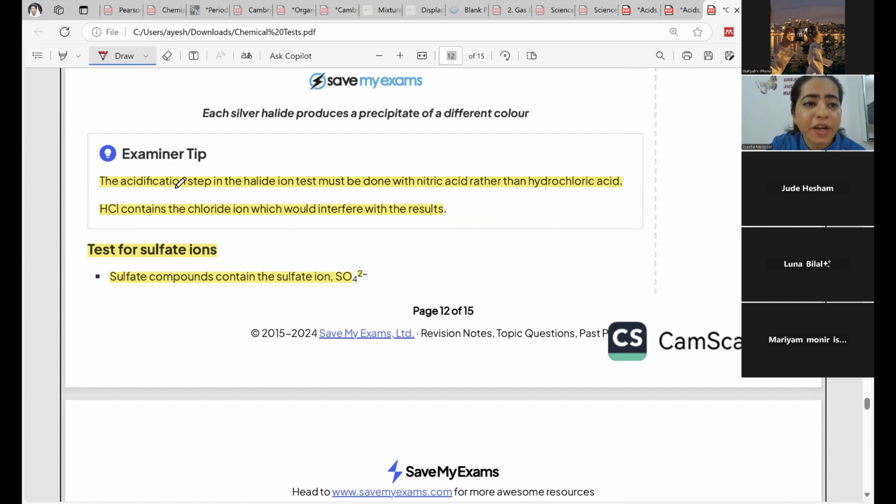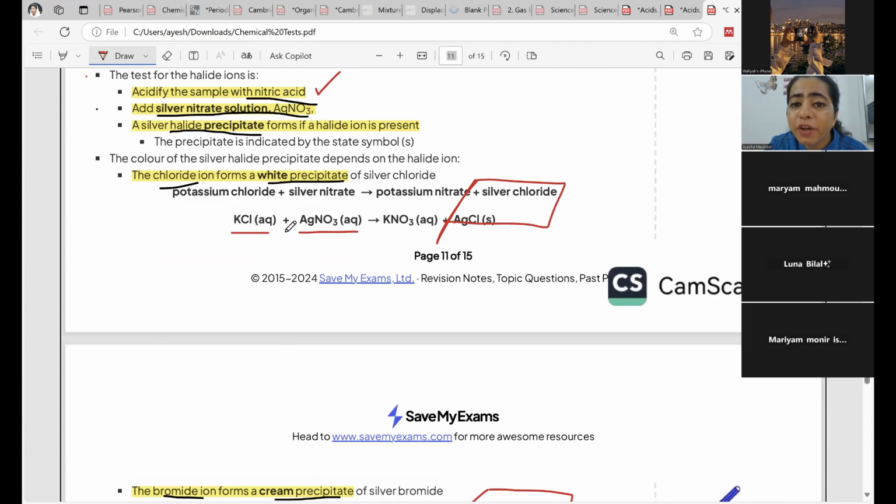Okay, so here it's written that when we are doing the acidification step, means when we are adding acid, the halide ion test must be done with nitric acid, not hydrochloric acid. Is it because hydrochloric acid is more reactive than nitric acid? No. That's fine. Reactivity is not a problem. If we are using hydrochloric acid, the chloride will be there. It means it is going to interfere with this equation specifically.